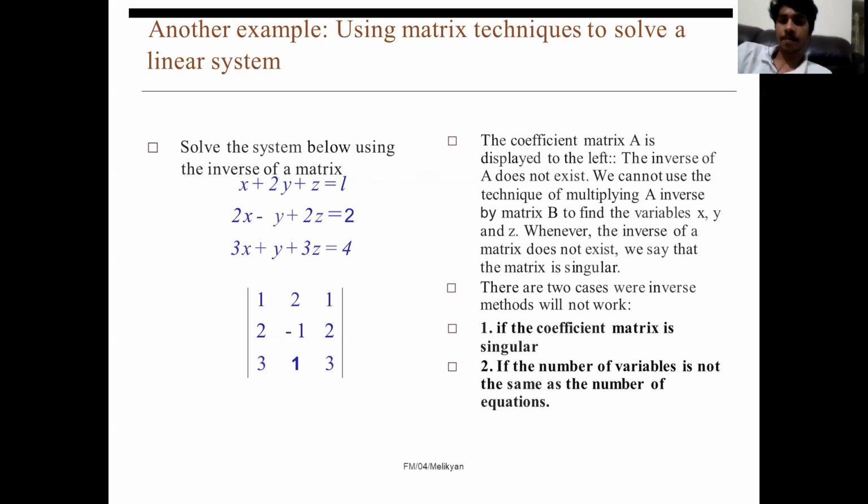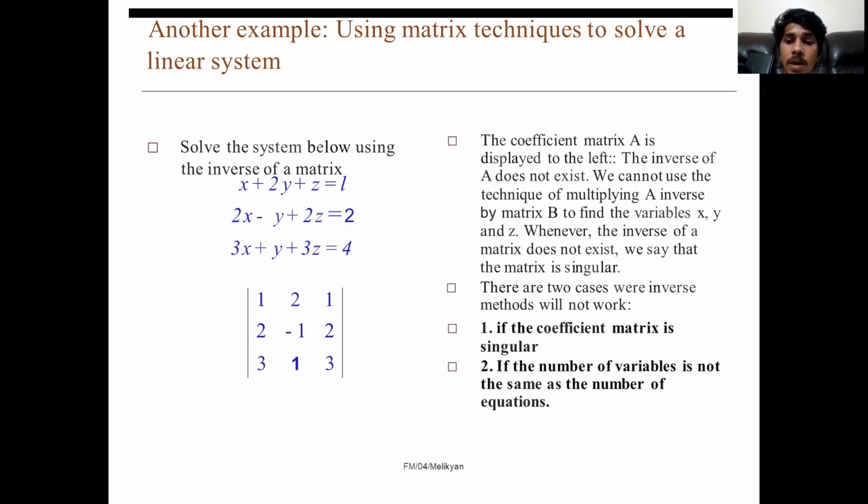The inverse of A does not exist. We cannot use the technique of multiplying A inverse by matrix B to find the variables x, y, and z. Whenever the inverse of a matrix does not exist, we say that the matrix is singular.